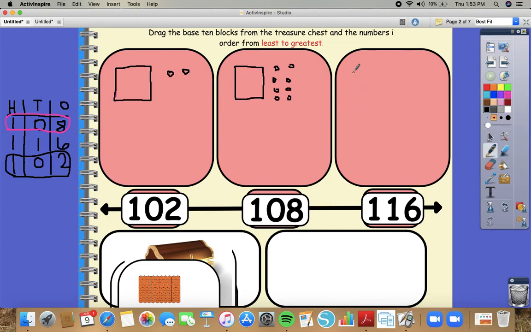And for 116, how many hundreds do we have? We have 100. How many tens? We have 1 ten on this one, so we draw our rectangle. And how many ones? 6. 1, 2, 3, 4, 5, 6. There we go. All right, let's move on to our next one.